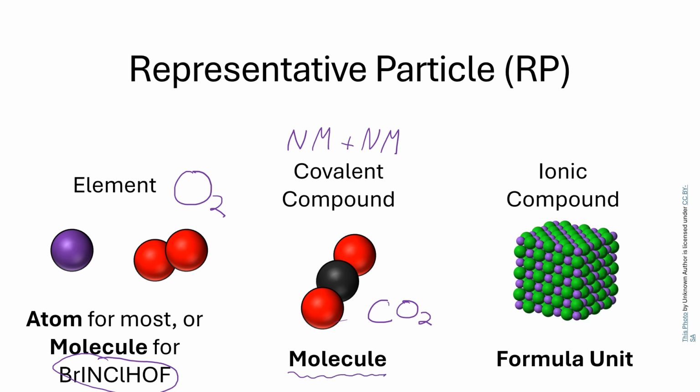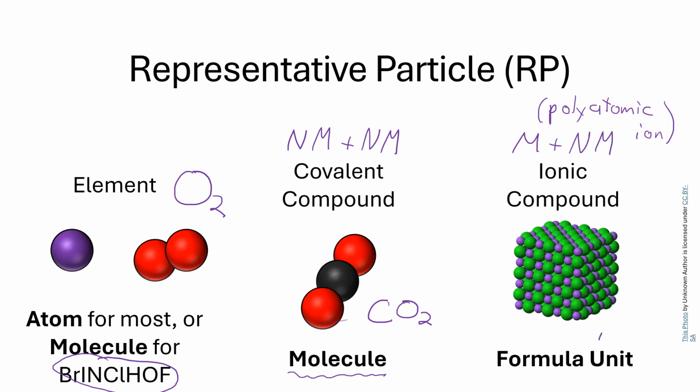With ionic compounds, that'll be a metal plus a nonmetal, or you have a polyatomic ion present. With ionic compounds, the smallest piece that still represents that substance is what we call a formula unit.